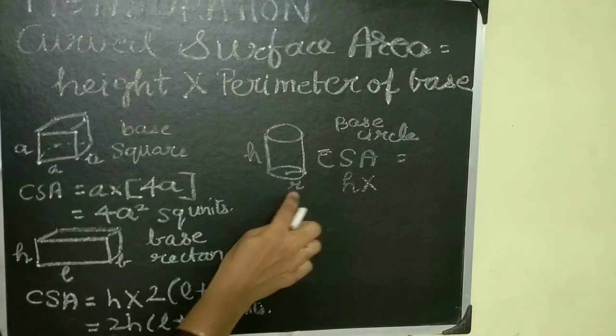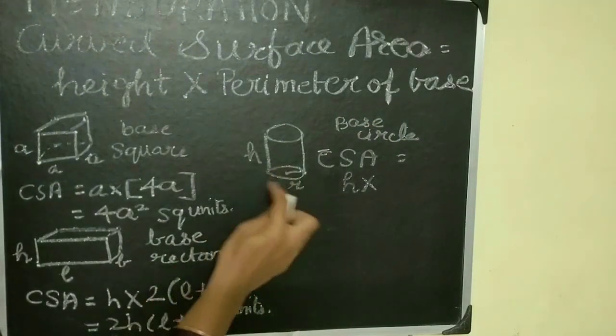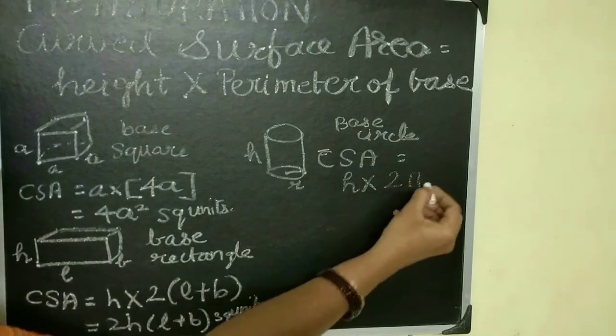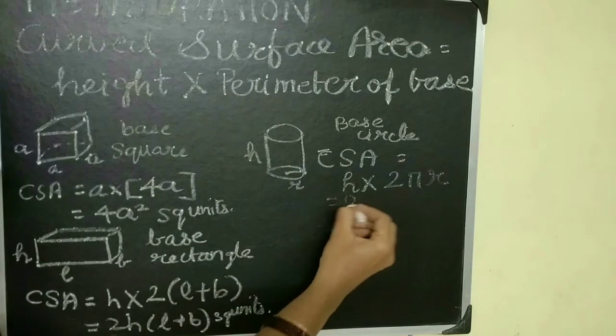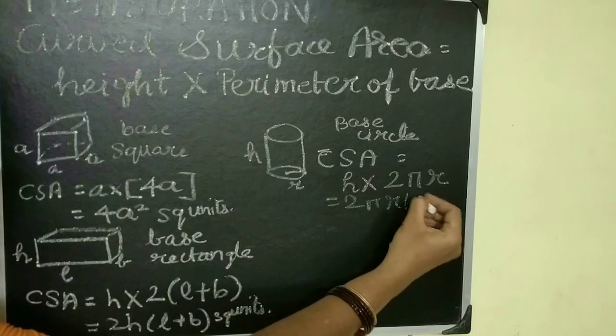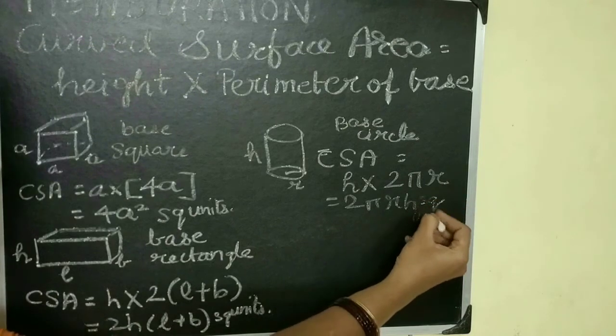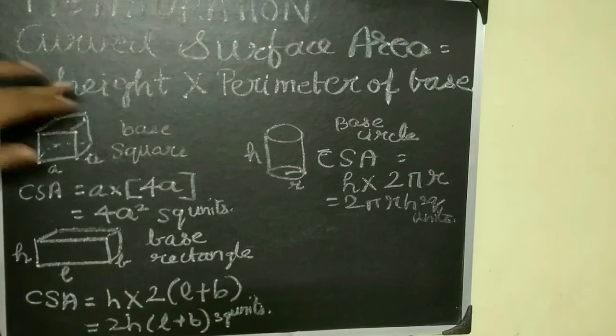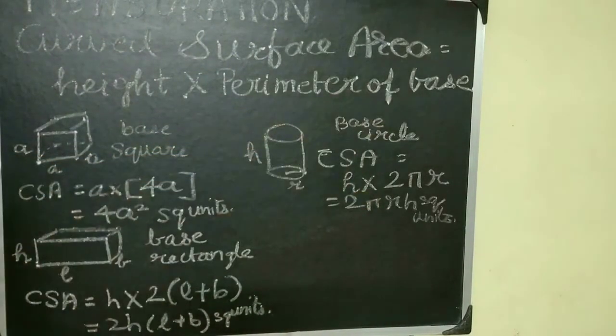The perimeter of the base here is the perimeter of the circle, which is 2 pi r. So this is nothing but 2 pi r h square units. So it is better to remember that curved surface area means height into the perimeter of the base. We can easily remember it, and everything will come out the same. So this is for the curved surface area.